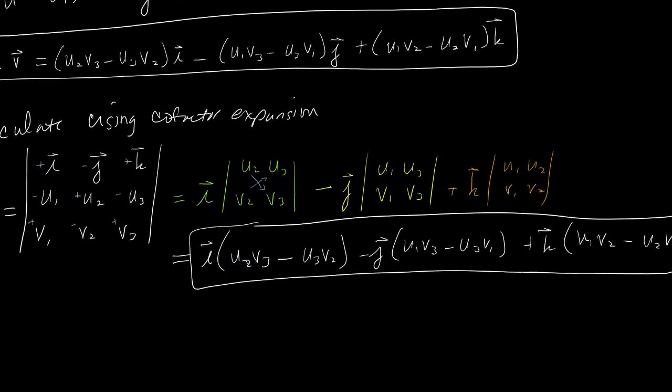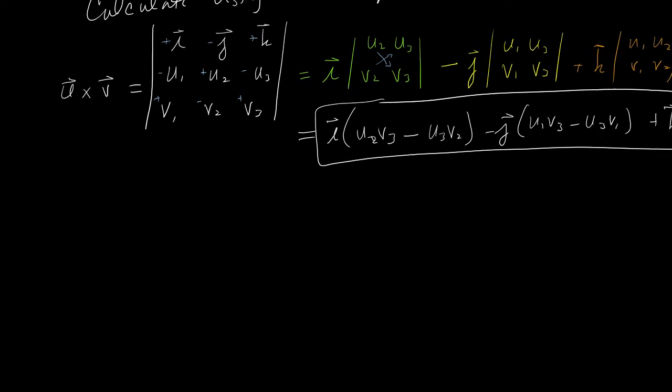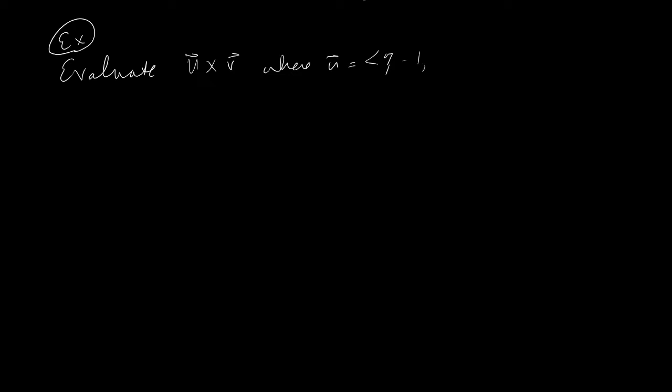So let's go ahead and do an example where we use the cofactor expansion to find the cross product. Let's evaluate u cross v, where u is equal to 7, -1, 4, and v is equal to 2, 2, -6. So I'm going to set up my determinant.